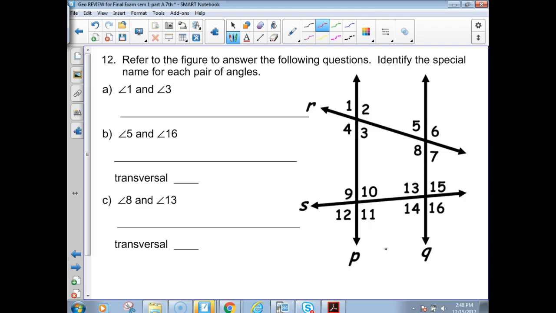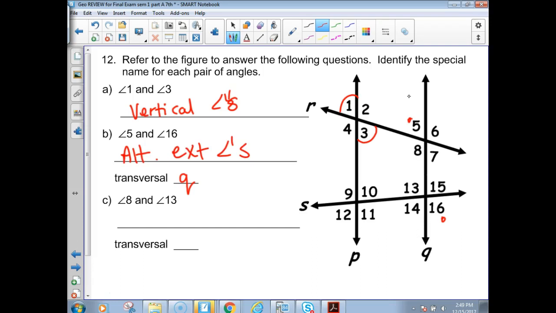Number 12, it says refer to the figure to answer the following questions. Identify the special name for each pair of angles. 1 and 3 are simply vertical. Vertical angles, excuse me. 5 and 16, they are on opposite sides of the transversal, outside of the lines that are cut by the transversal Q. The transversal is Q, and 5 and 16 are alternate exterior.